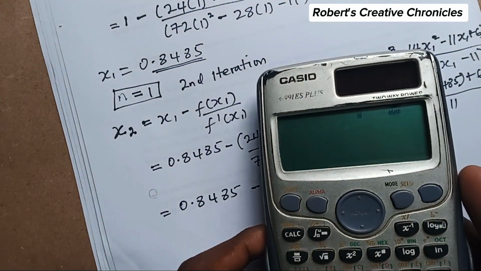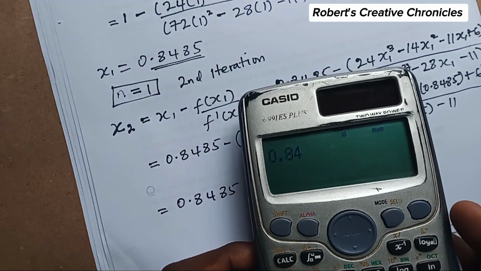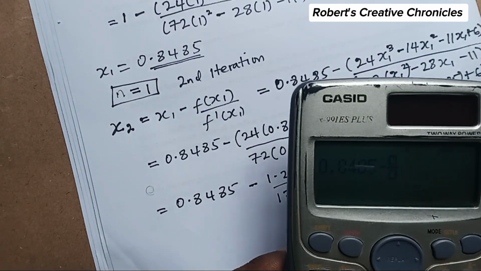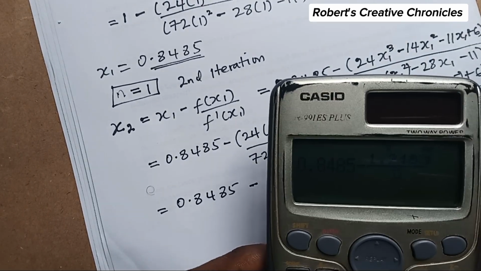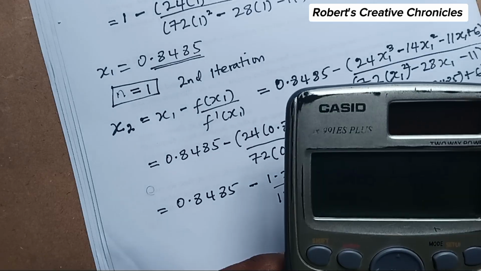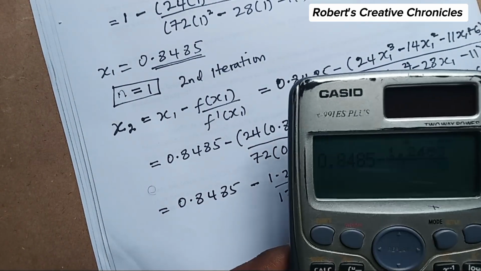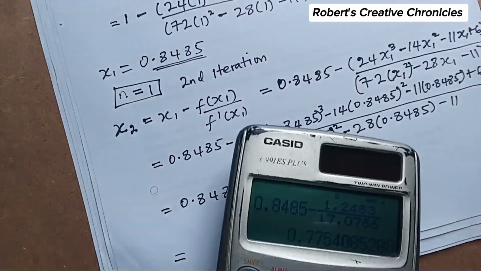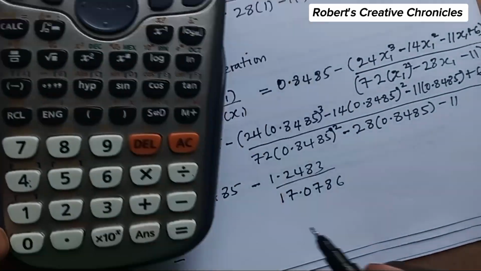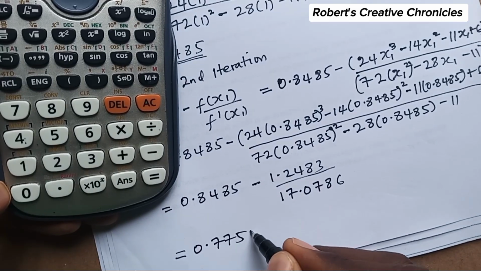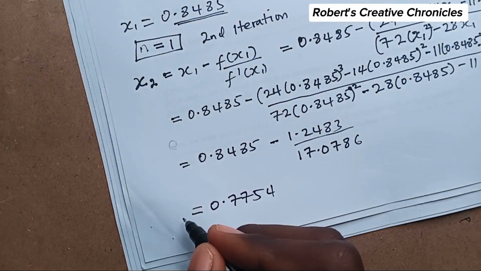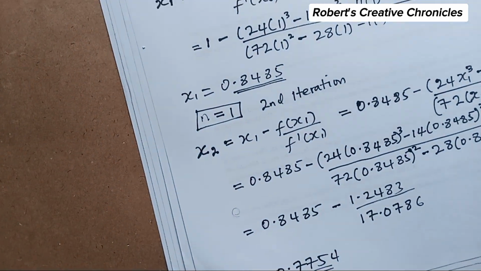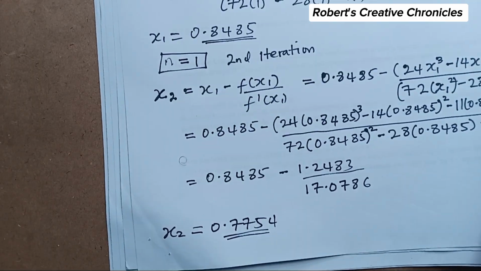Now let's put everything together. This answer is 0.7754. So our second iteration gives us 0.7754 to 4 decimal places.